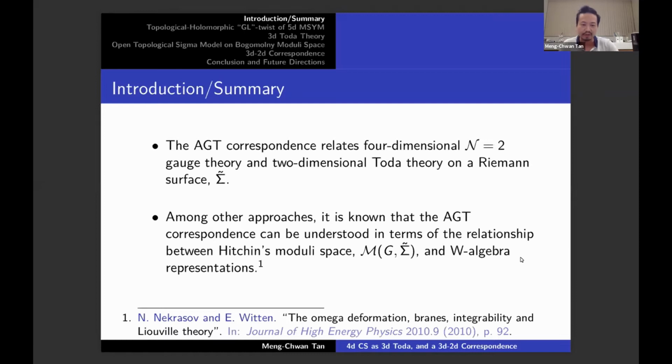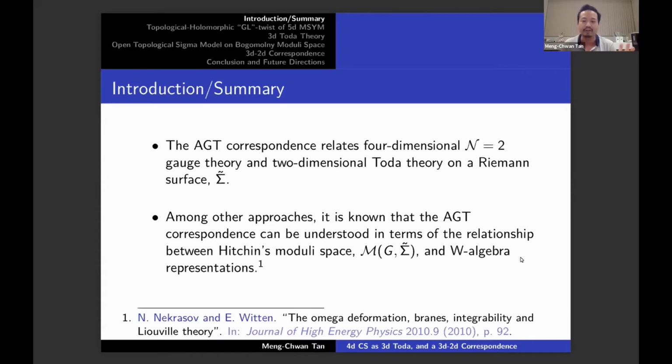This was done by Nekrasov and Witten in 2010 in this paper called Omega Deformation, Branes, Integrability, and Liouville Theory. So this is one approach. There are several approaches that tell you why the AGT correspondence is true. Mathematically, it relates equivariant cohomology of the moduli space of instantons with modules of W algebra.